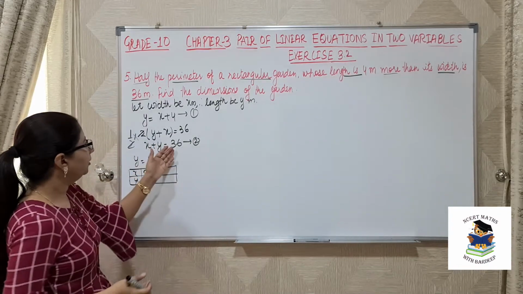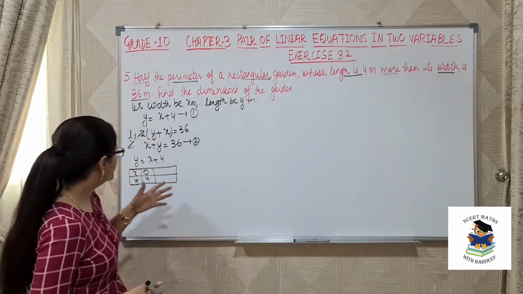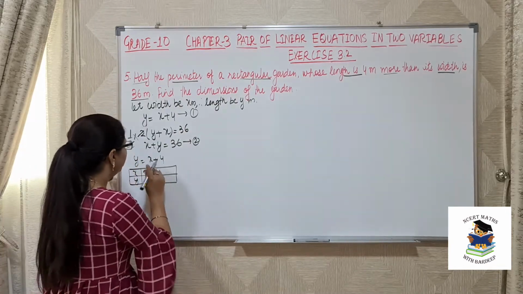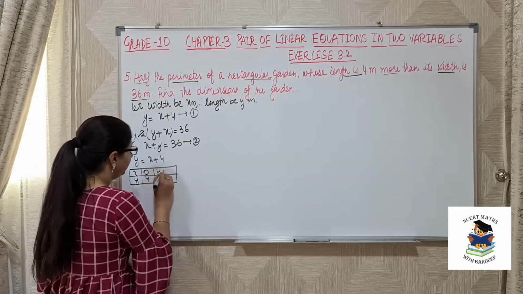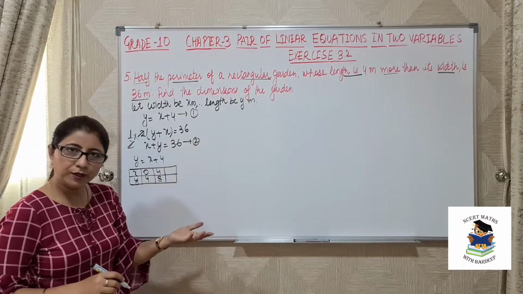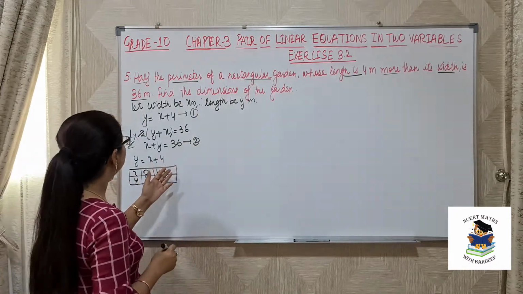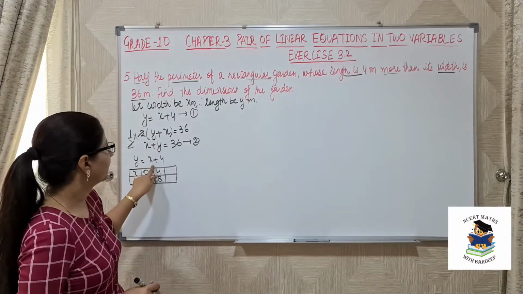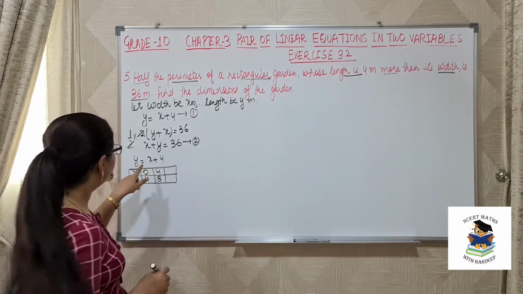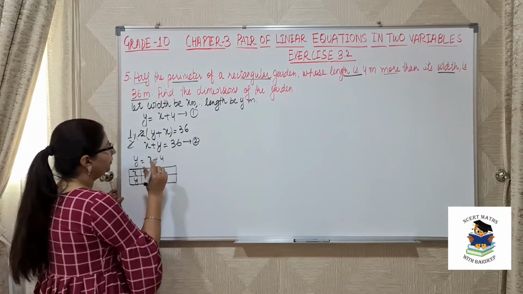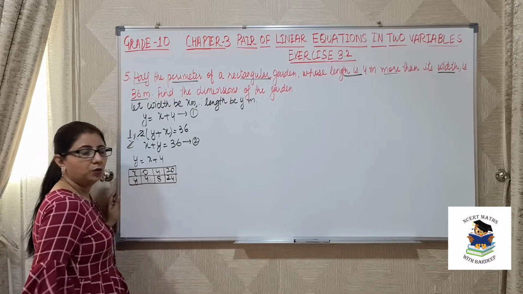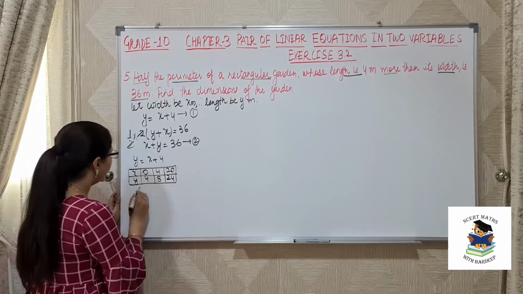So now see here also 36, so multiples of 4 I am taking. Put x as 4. So if x is 4, 4 plus 4 will give me 8. Okay. So let us suppose I put x as 20. If x is 20, what will be y? 20 plus 4, it will be 24. Okay. So this is the table for first equation.